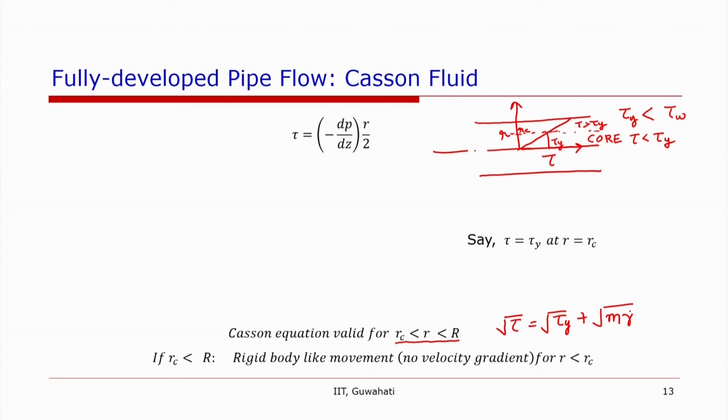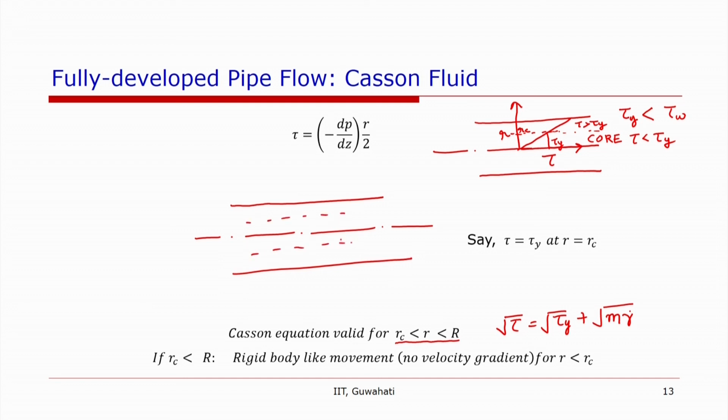However, that does not mean that there will be no flow at the wall. So let us draw this picture of the channel again, and this is RC. We will have a velocity profile something like this in the region where R is greater than RC.